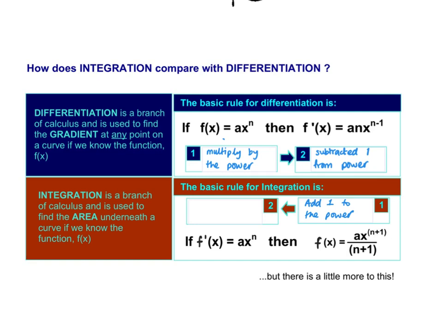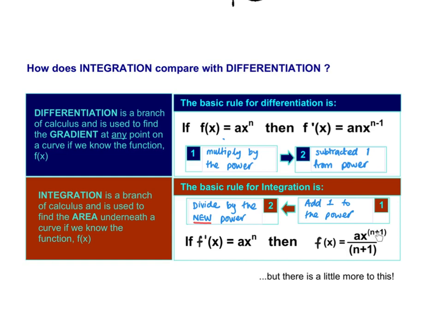So that's this, add 1 to the power. And then we're going to reverse this multiplying by the power. So the opposite of multiplying by the power is going to be dividing by the power. But what we need to remember is, because we've done it in a different order, we're actually dividing by the new power. And that is really important.